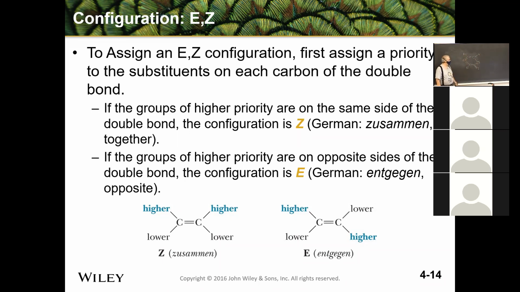These are clearly different. Would you all agree to that? They're clearly different geometric isomers.